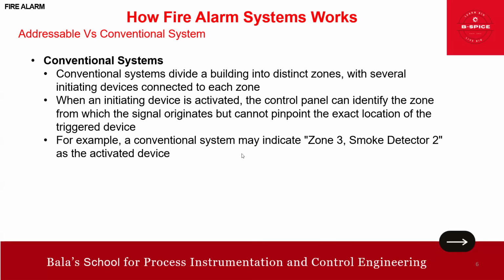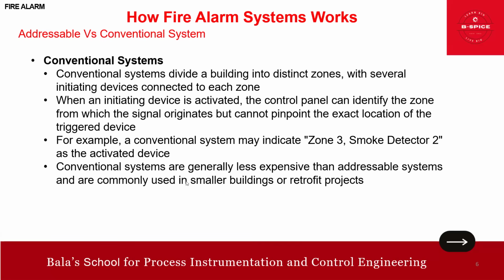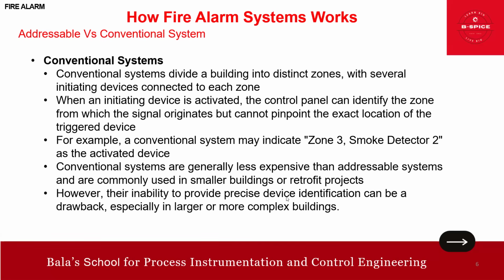For example, a conventional system may indicate zone 3, smoke detector 2, as an activated device, but we don't know the location of this. We only know the zone. Conventional systems are generally less expensive than addressable systems and are commonly used in smaller buildings or retrofit projects. So that's about conventional.